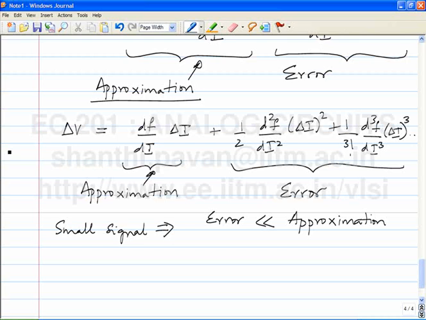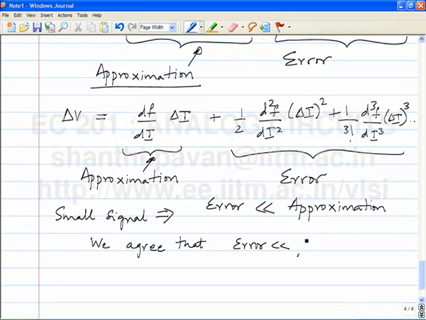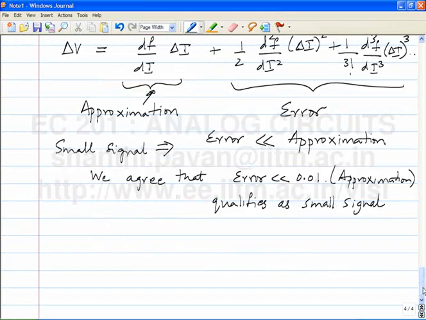So small signal now depends on what? We agree, let's say less than 1%. The notion of small signal now depends on the nature of f.